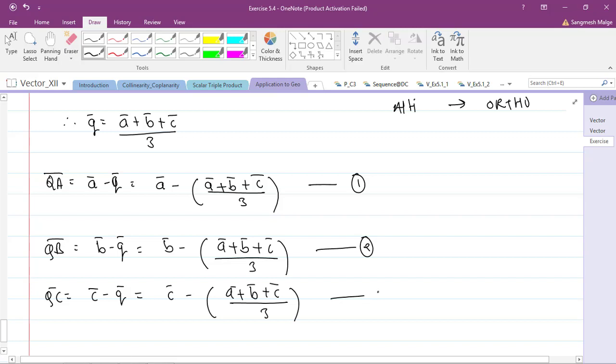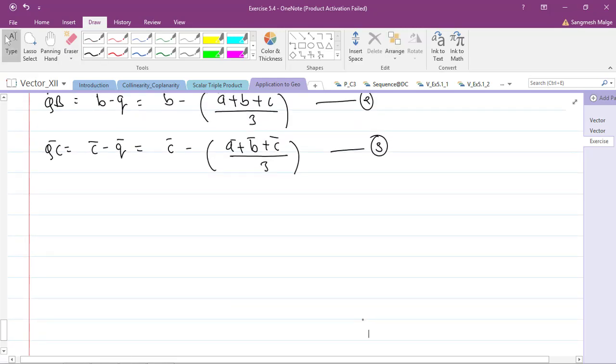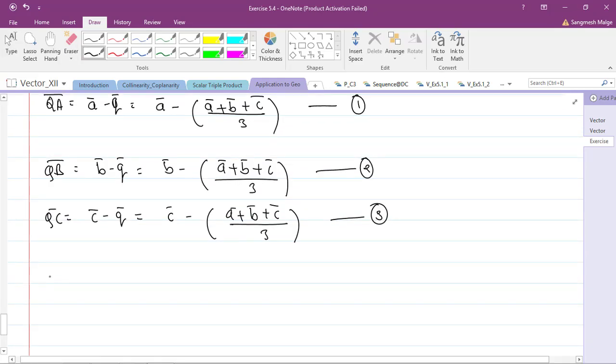Okay, equation number 3. So what is given is QA bar, QB bar and QC bar is equals to 0. Given LHS, that is QA bar plus QB bar plus QC bar, we have to show that it is equal to 0.